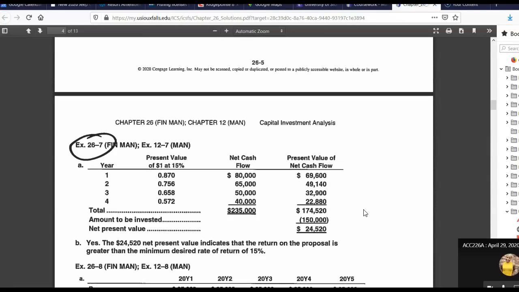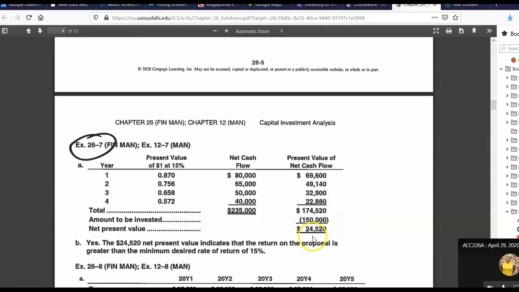So we're not comparing apples to apples. We're writing a check for 150 today. I want to know, what is my 235,000 worth today? So knowing that I'm going to get that 235,000 over the next 4 years, I need to bring those dollars into today's dollars. That's $174,000.